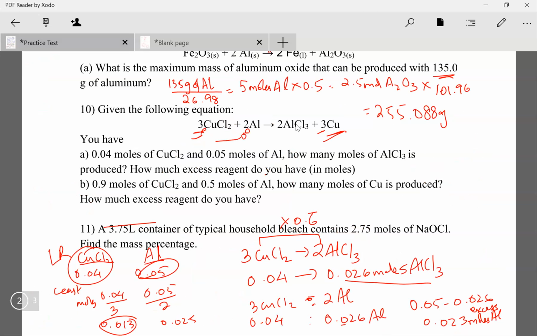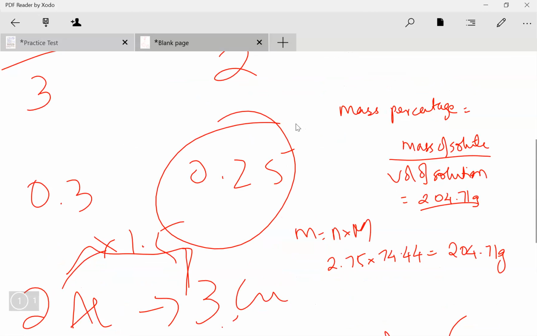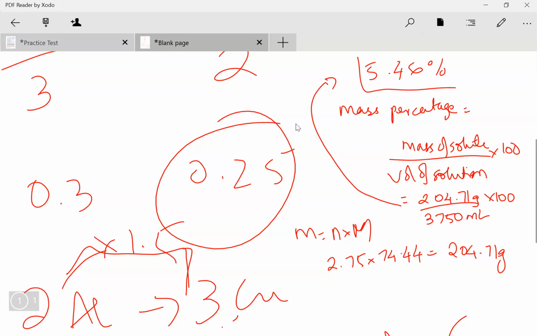Volume of solution is 3.75 liters, so 3750 milliliters. So divided by 3750, times 100%. So my mass percent is 5.46%. That's the mass percent that I get.